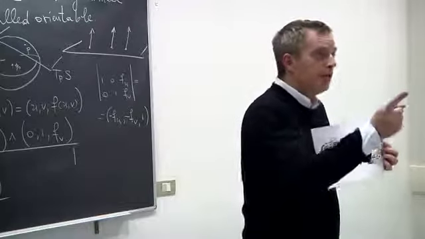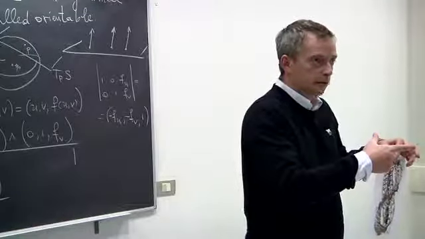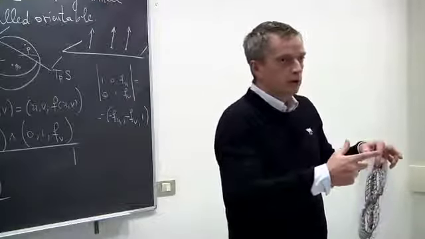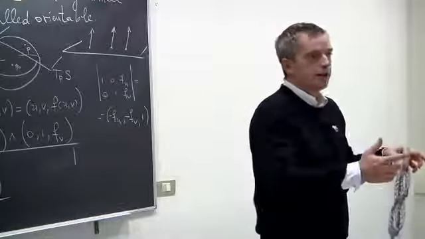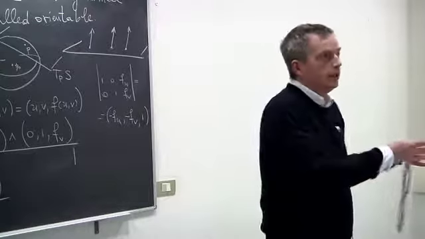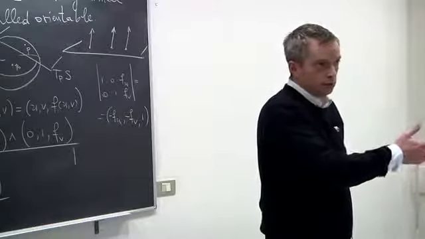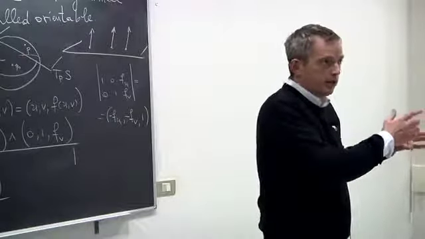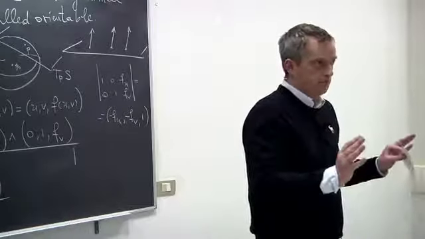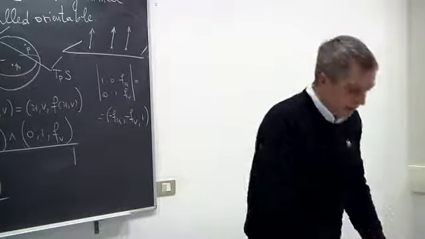That's true, but every surface is orientable locally. So whatever we are going to say from now on will work globally on a surface if it's orientable, or locally on a surface if it's not orientable. But it will work. So whatever we are going to say, depending on local things, is completely general. So we are not really restricting our study too much.